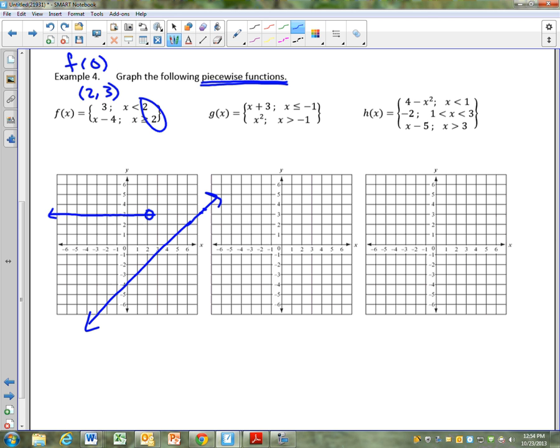Now I'll plug in 2 to the bottom function. When you plug in 2 to the bottom one, what's the output? Negative 2. 2 minus 4 is negative 2. So then I plot 2, negative 2. Open or closed? Closed. Now which portion should I erase? Left or the right?